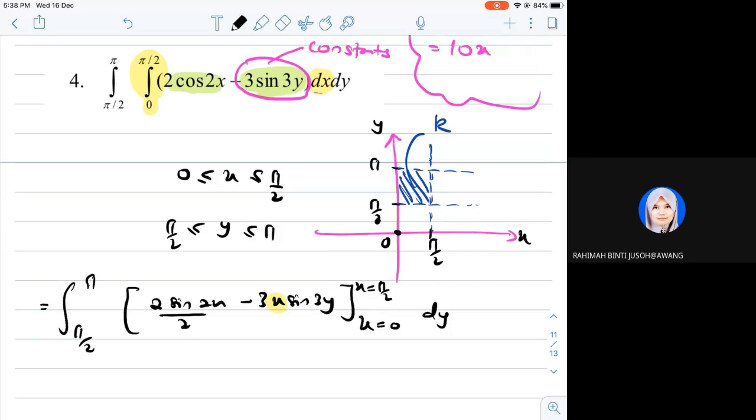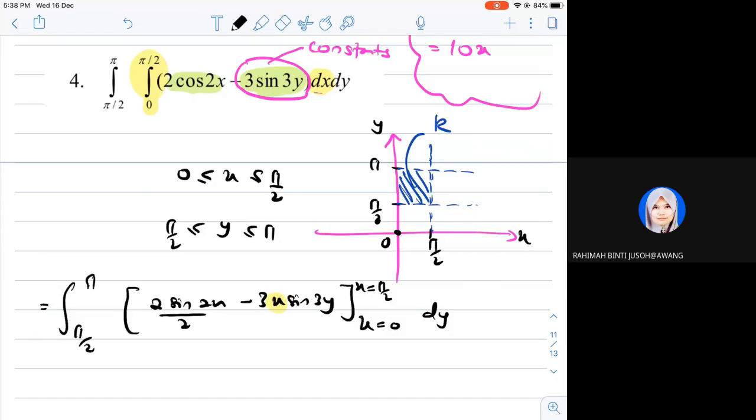Understand, guys? Doctor, is it a must to write x equals 0 and x equals pi over 2? No, I just do this so that students can understand and are not confused when substituting. In the exam, you can straight away write pi over 2, it's up to you.